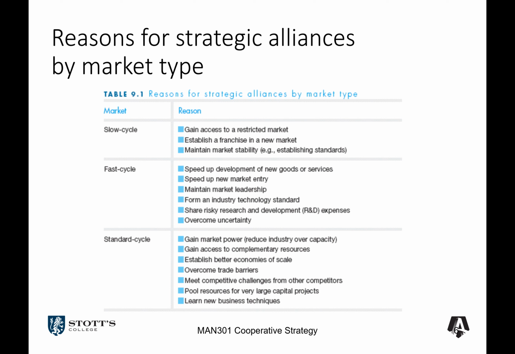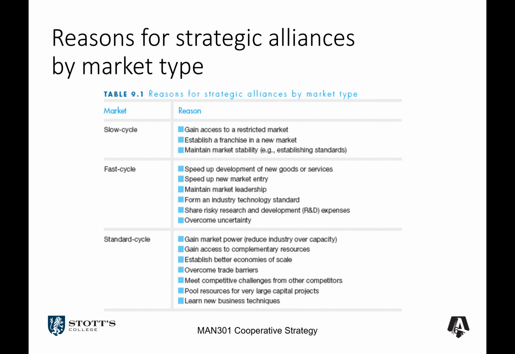But of course, we know technology has compliance standards as well, and you can sometimes get smaller groups that are competing against each other on one or other side. In a fast cycle market, you may form an alliance to develop new goods and services. We see that in technology alliances all the time.